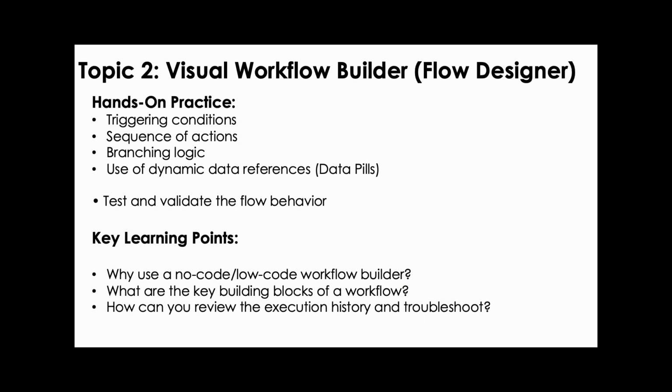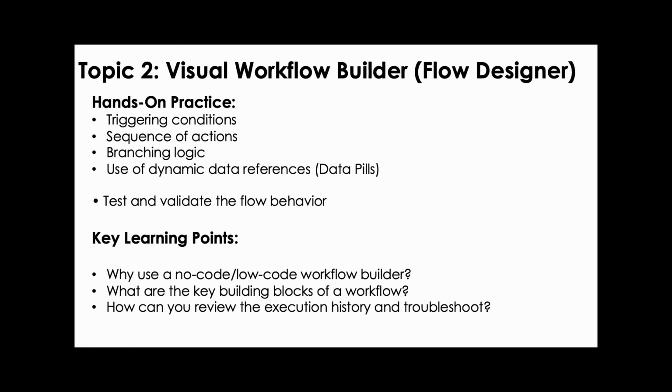So on this next topic, we'll be discussing Flow Designer, doing a demo, and we'll also have 3 discussion points on the Flow Designer. Now let's move forward and go to the lab instance.